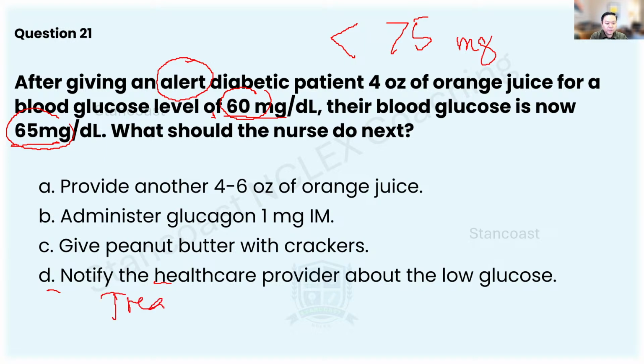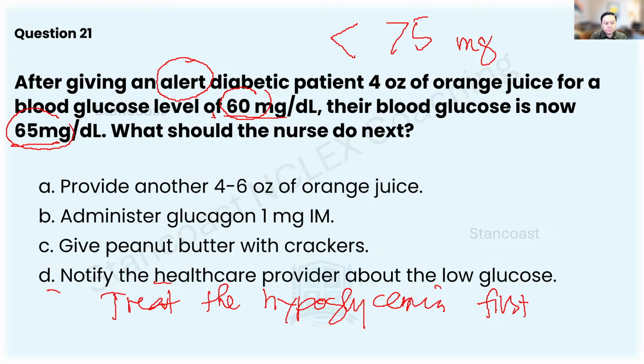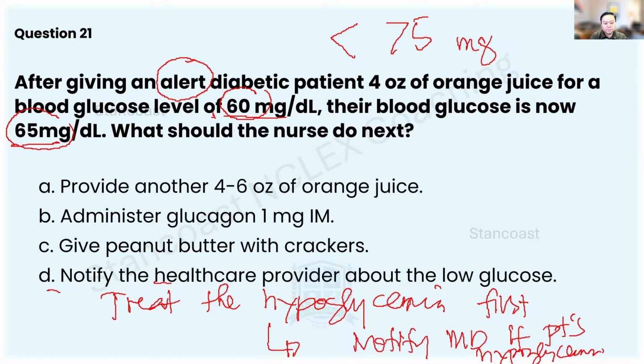So treat the hypoglycemia first. Then we can do the notification. If they persist in not responding to the treatment, that's the time to notify. Notify the MD if the patient's hypoglycemia is not resolved. We can do the notification after.